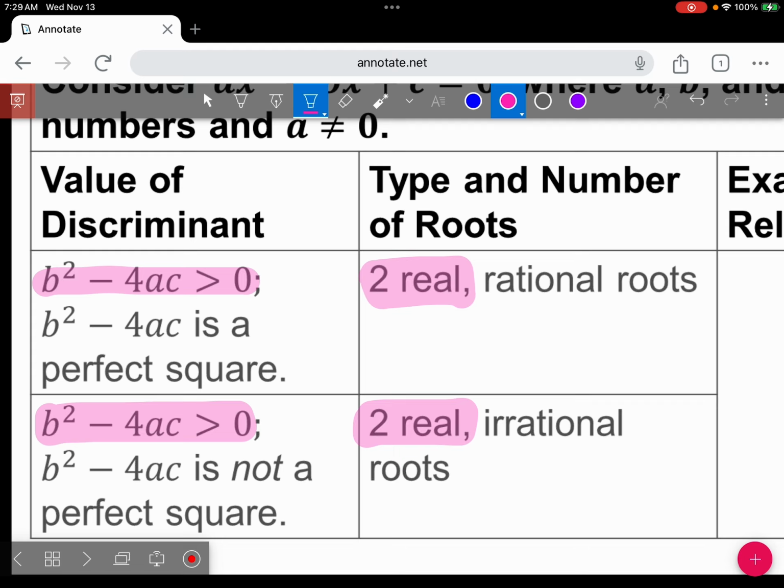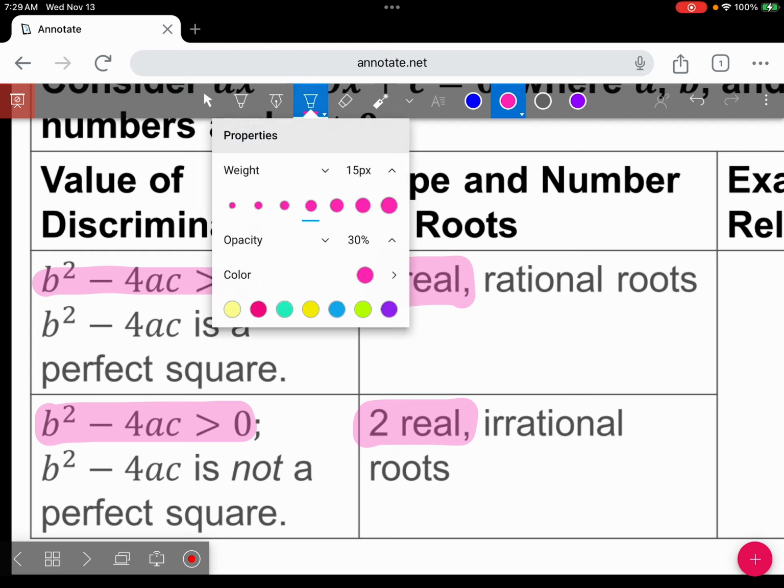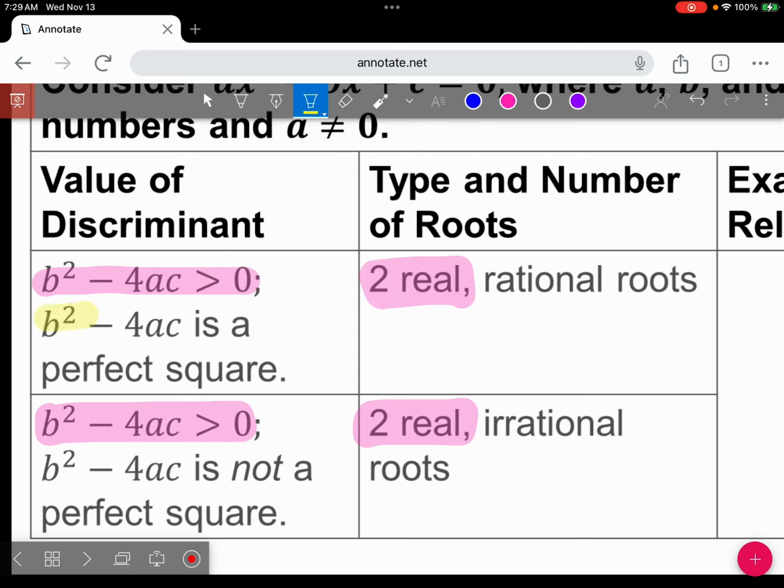The only difference between these first 2 pieces is if we have a perfect square, so 1, 4, 16, 9, 25, 36, 49, those guys, perfect squares. Then we're going to wind up with a rational root, a number that we know, usually an integer, like 3 or 4.